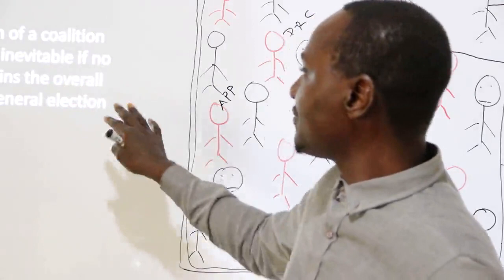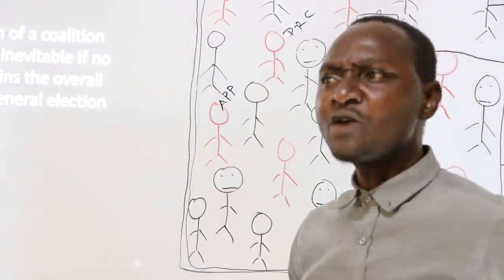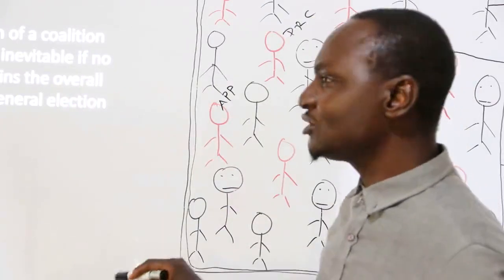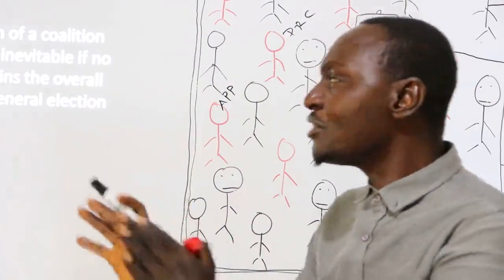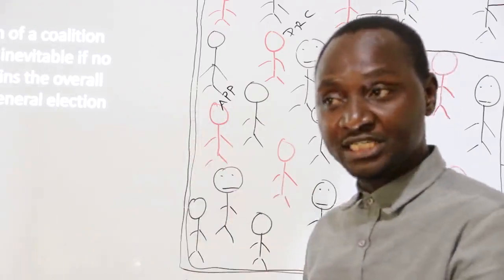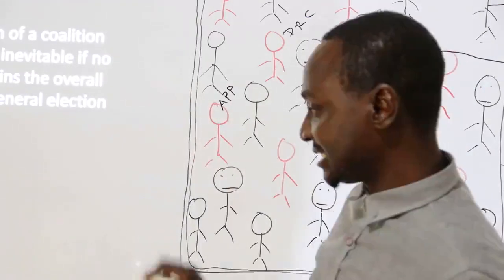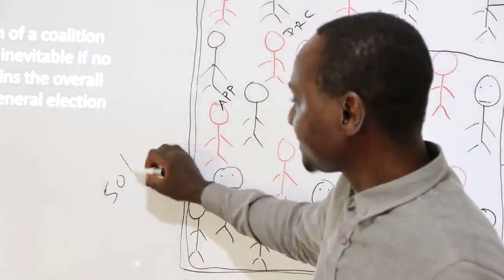Now, we say the formation of the coalition party. There is what we call absolute majority. In a case where a political party is not able to secure the number of votes expected, like in an absolute majority, you must get more than 50% of the total votes cast. You must get more than 50%.